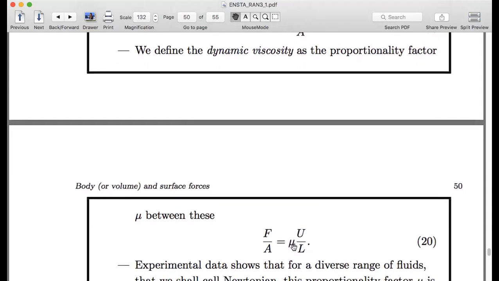So that's a key concept. The dynamic viscosity is the proportionality constant between this force per unit area and the velocity gradient.